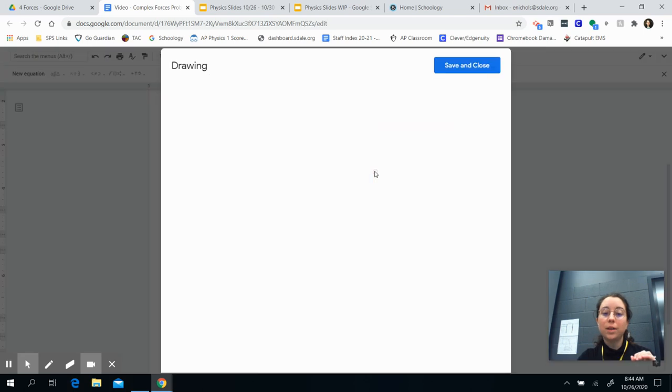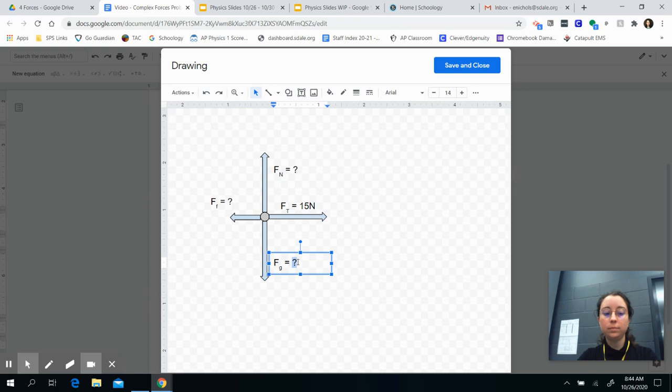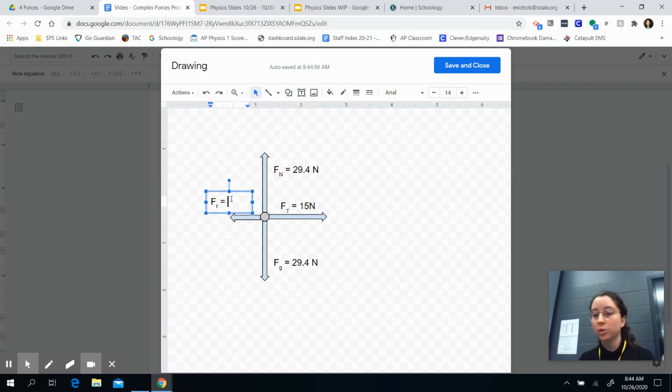So I know that my force of gravity is 3 times 9.8. So that's going to be 29.4 newtons. Same with force normal because they are equal. And then that force friction, that was going to be equal to 29.4, our force normal, multiplied by our coefficient of friction, which is 0.22.